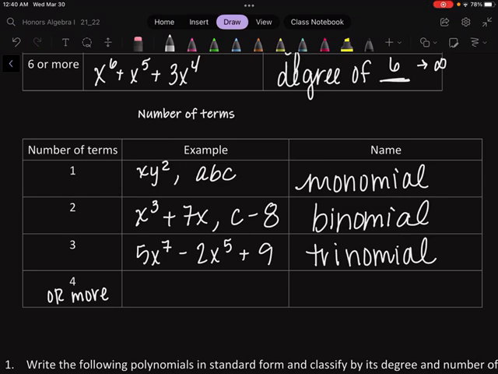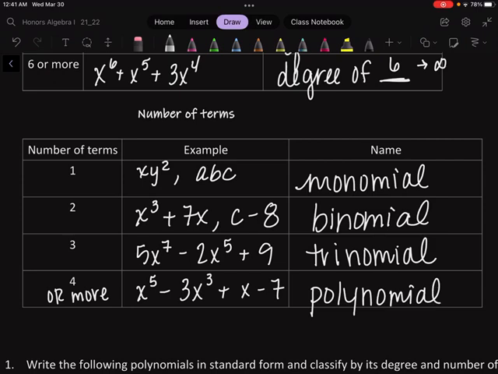But if I have something with four or more terms, like this, we can't call it a trinomial, binomial, or monomial. We just call it a polynomial, because poly means many, yeah? So that's by the number of terms.